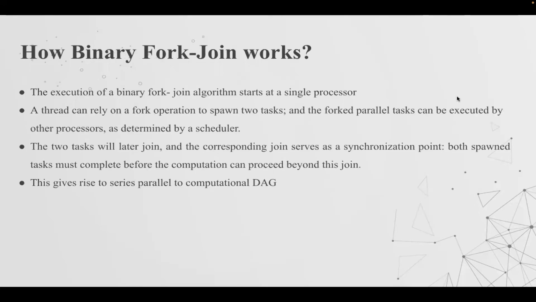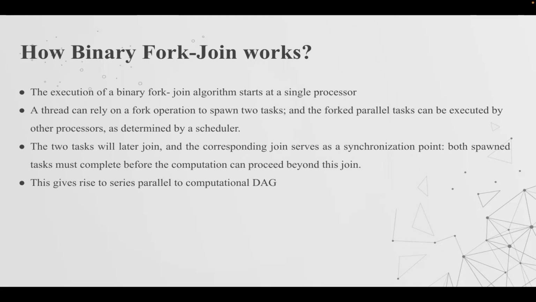So, how does binary fork join work? As she explained, we are looking at cache efficiency. This is a part of the binary fork join. The execution of the binary fork join algorithm starts at a single processor, where every processor has its own cache.